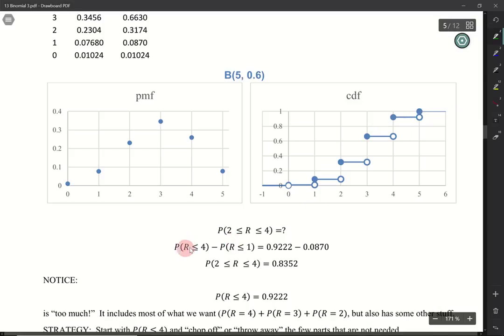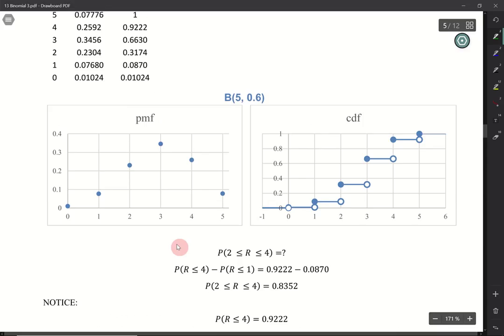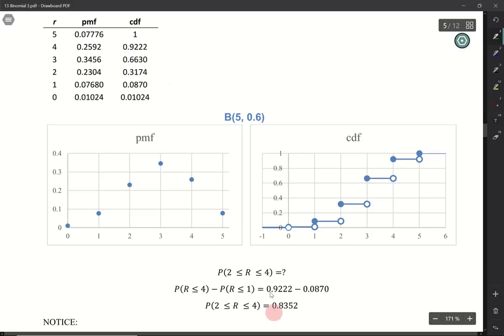So remember, the CDF tells you the probability that it's less than something. So here, the probability that it's less than 4 is 0.992, right? And then notice that we have to subtract the probability that it's less than 1, and we get this 0.870, and then this actually gives us the right answer.